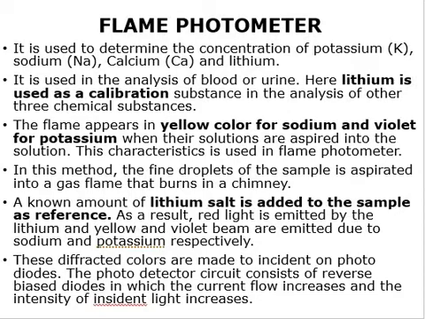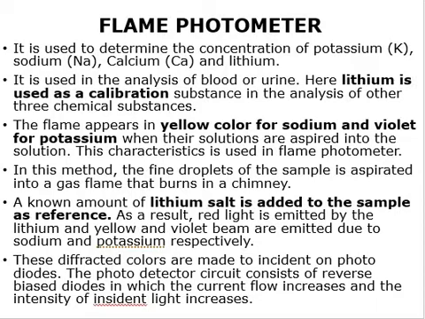So how can it be calibrated? It is calibrated by using lithium salt. We add this lithium salt and make the system calibrate. Keep in mind, when the lithium is added, it should glow properly in red color.